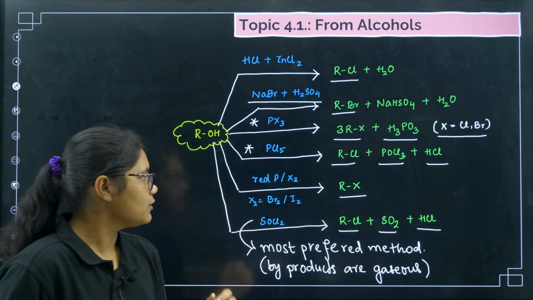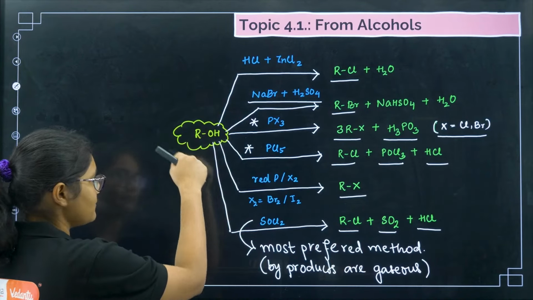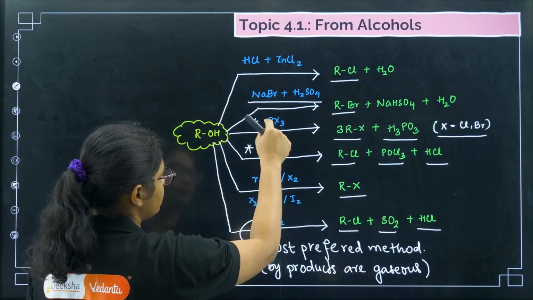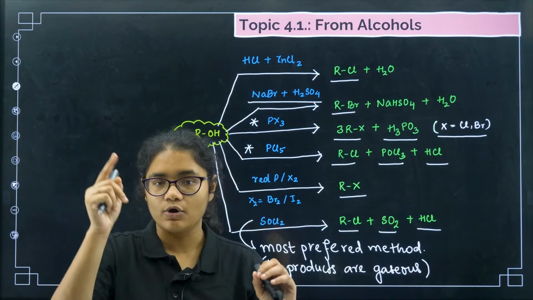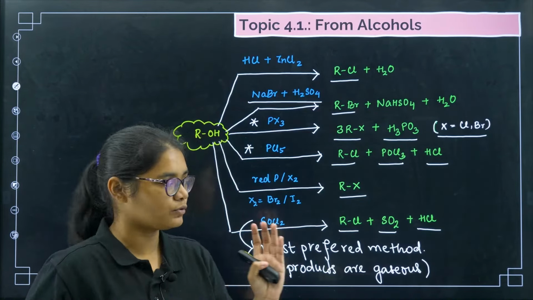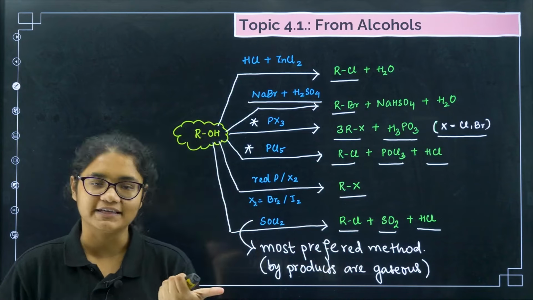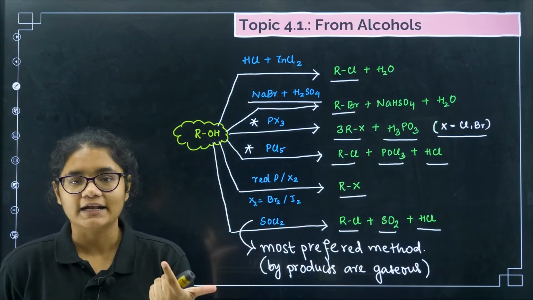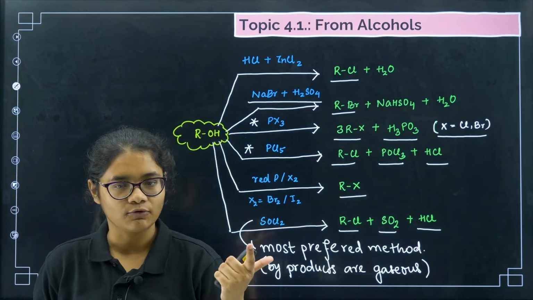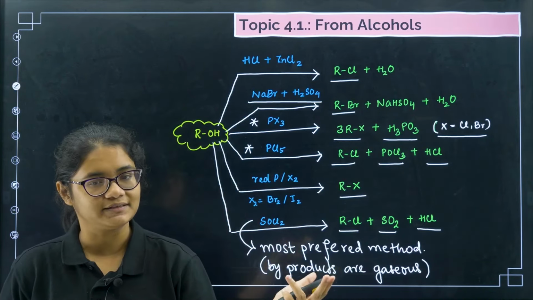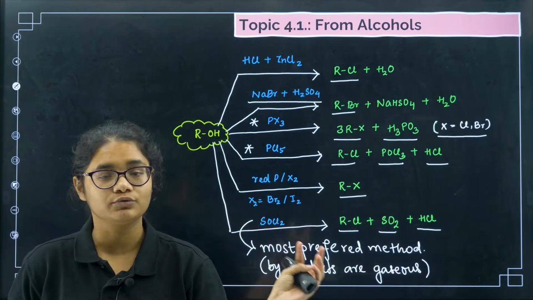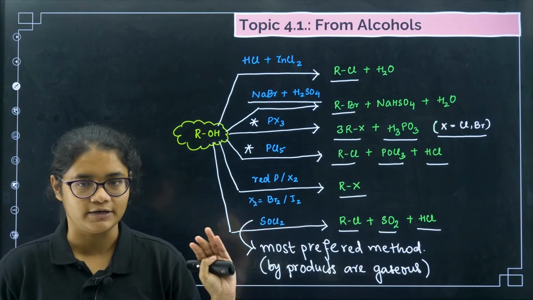Now how many methods of preparation are there? From alcohols we have 1, 2, 3, 4, 5 and 6. So you have to remember it in this way. From alcohols we can use 6 different ways to get RX. First is HCl, ZnCl2. Second is NaBr, H2SO4. First two remember. Then we have PX3, then PCl5, then X2 with red phosphorus, and then SOCl2. 6 methods.